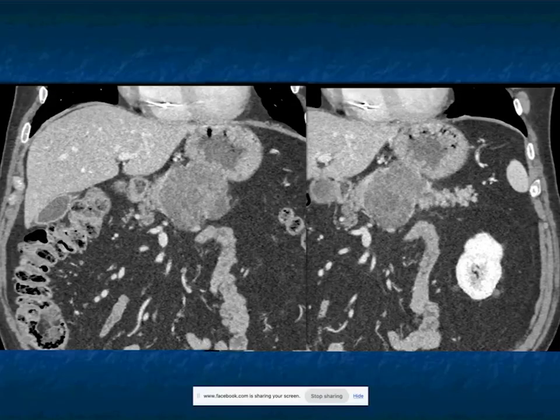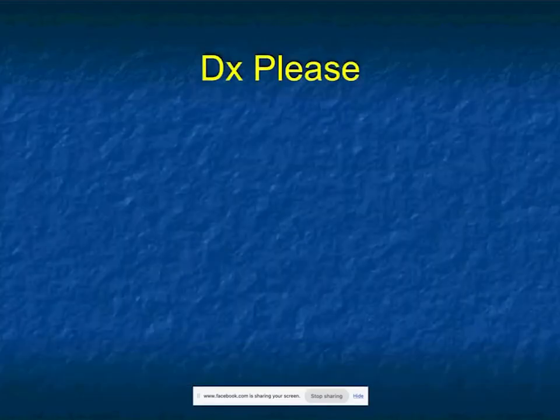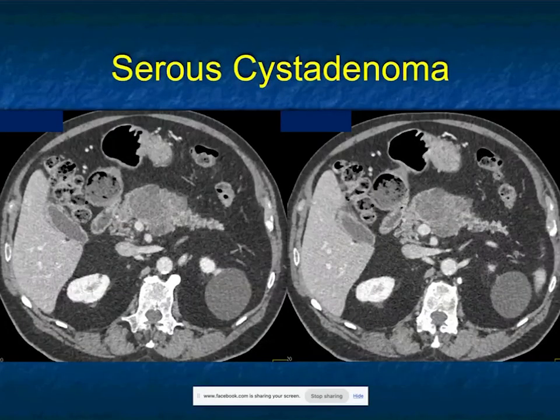When you see a cystic lesion like this with so many tiny cystic components, you got to be thinking about a serous cystadenoma. And you can see the cystic components are better seen on the cinematic rendering, and just a really nice diagnosis of a serous cystadenoma, which is always a benign lesion, though often resected because they can continue to grow.